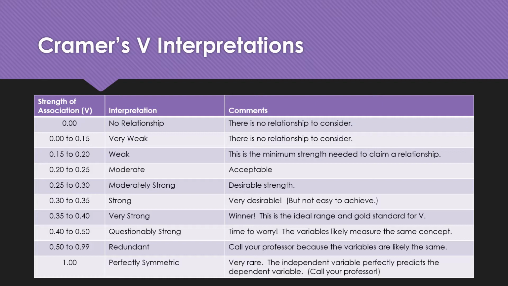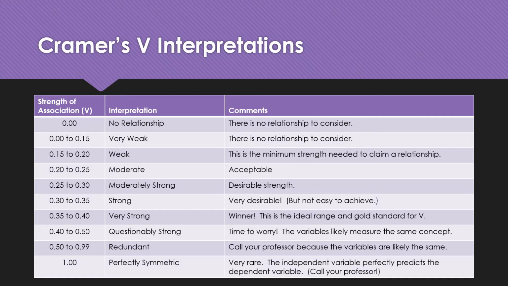A value obtained between 0.15 and 0.2 shows a weak interpretation, and a value between 0.2 to 0.25 shows a moderate interpretation, and a value between 0.25 and 0.3 shows a moderately strong relationship. So it's a desirable strength.